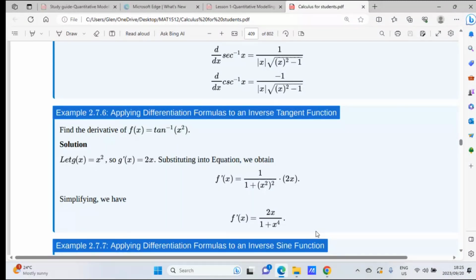Okay, yeah, go ahead. The question was find the derivative of the inverse tangent of x squared, and then I worked it out as if I was working out the chain rule.